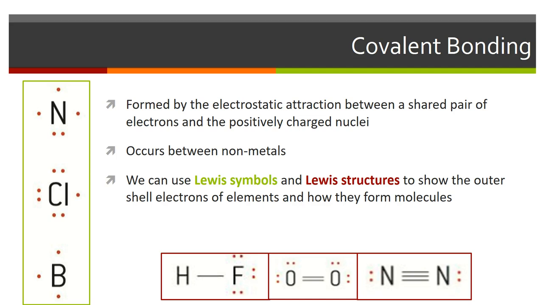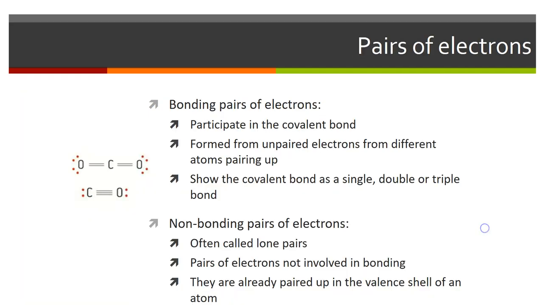Okay, we can use Lewis dot diagrams or Lewis symbols, which are these ones here, where we put the valence shell electrons around the symbol, and then the overall Lewis structure is this, but remember we can use dots to show those lines as well, and then our structural formula is where we replace those bonding electrons with lines.